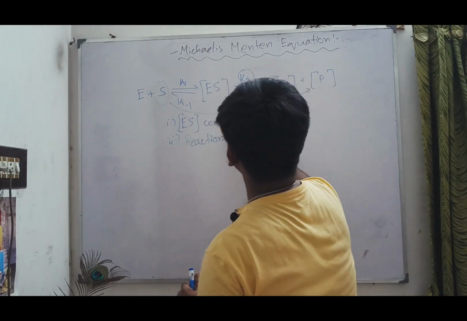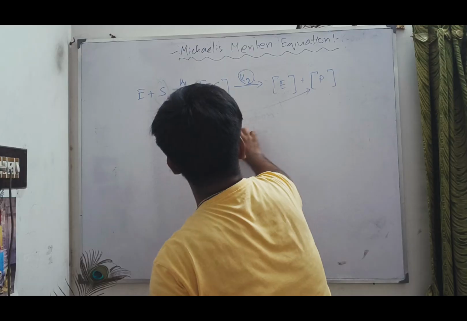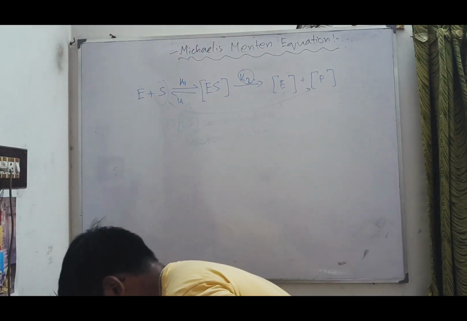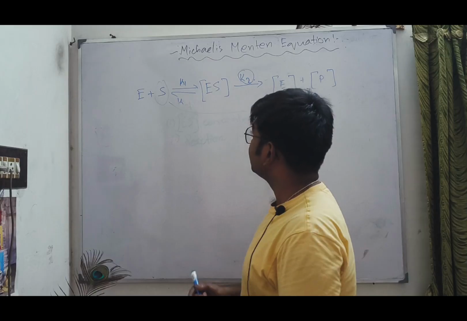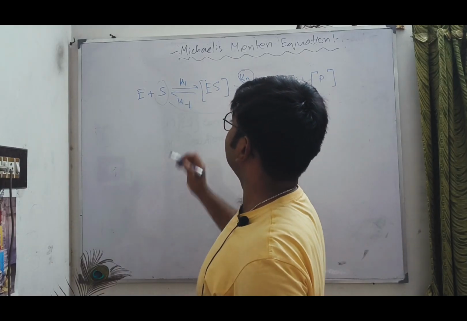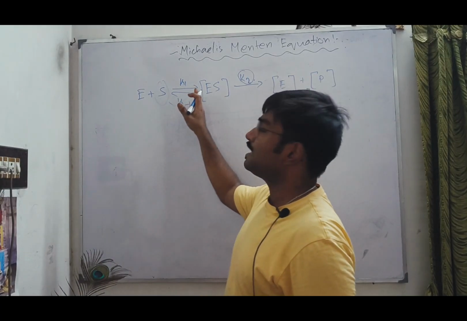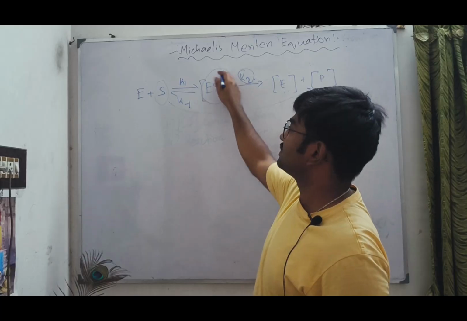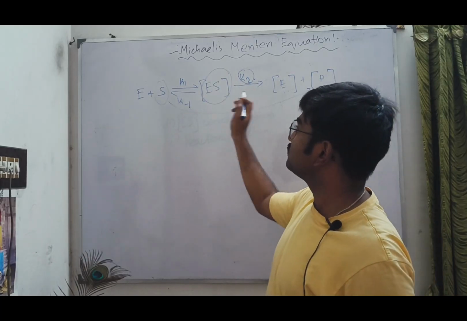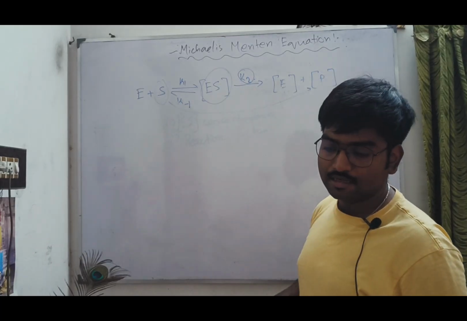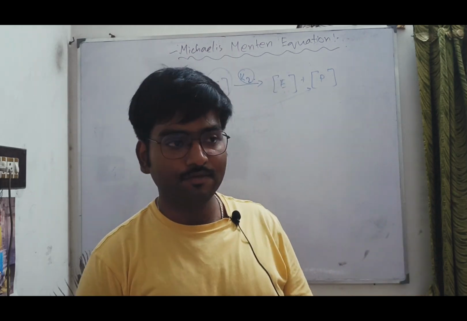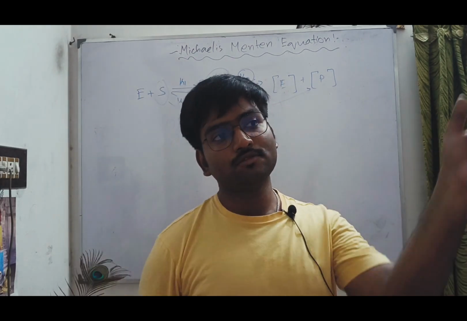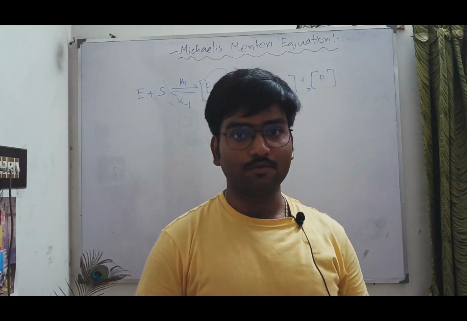What I can do here is that the rate of formation of enzyme substrate complex is equal to the rate of dissociation of enzyme substrate complex. That means how much enzyme substrate complex will form is equal to how much will break down.